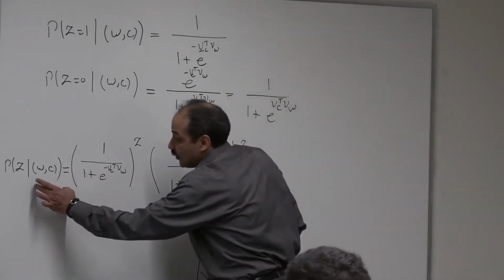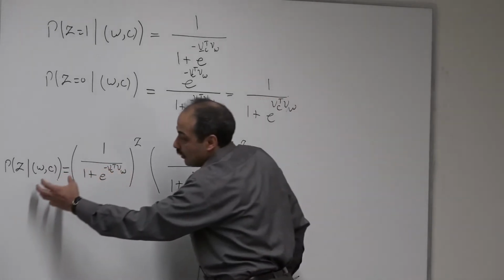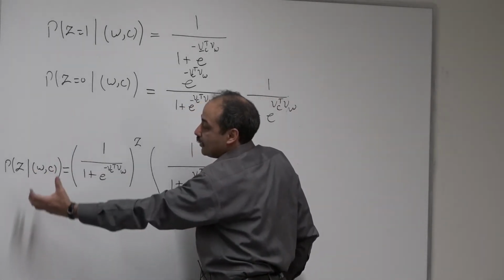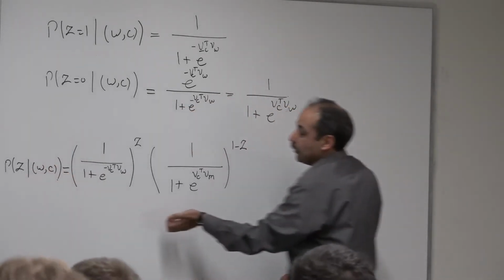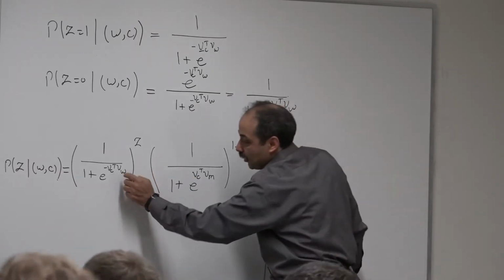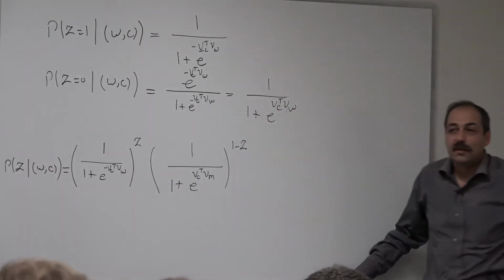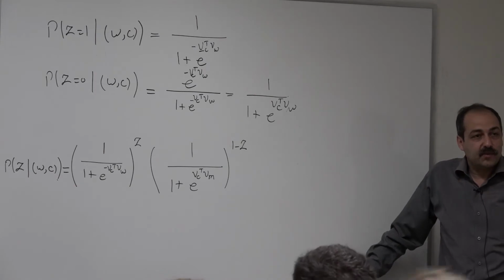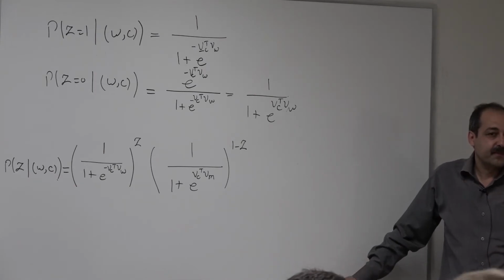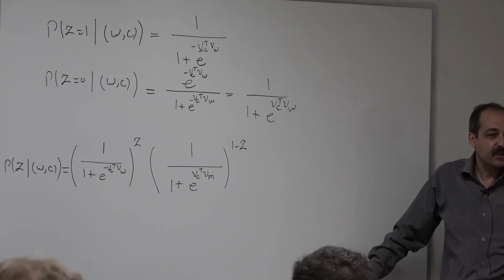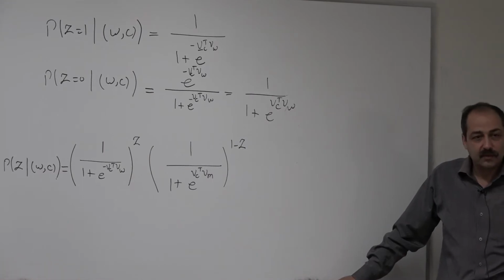So I have this probability. I basically model this posterior probability, and these are the parameters of my model. So I would like to learn these parameters. How can I do this? Again, I can do maximum likelihood estimation.